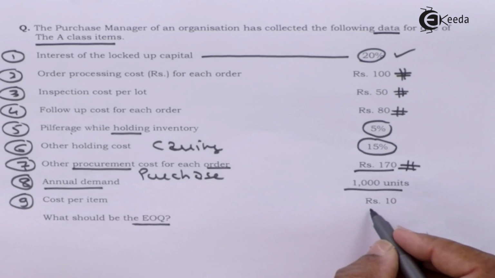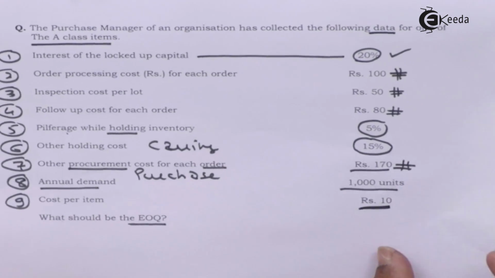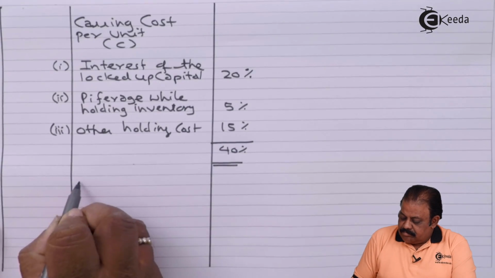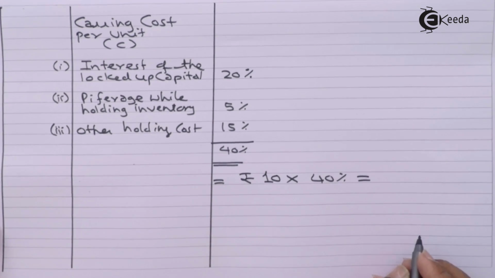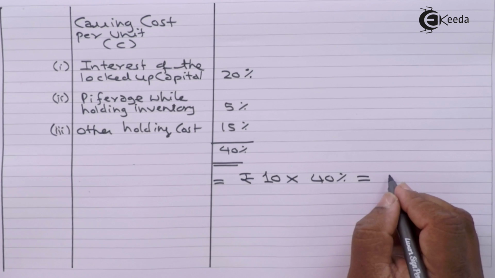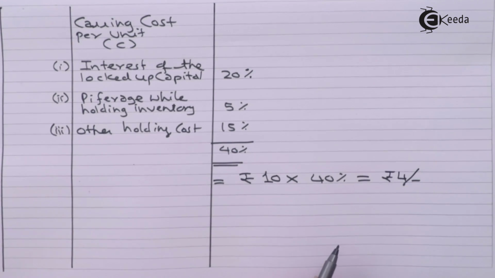Purchase price is given rupees 10. So carrying cost per unit is rupees 4. So we have all the information required for calculation of economic order quantity.